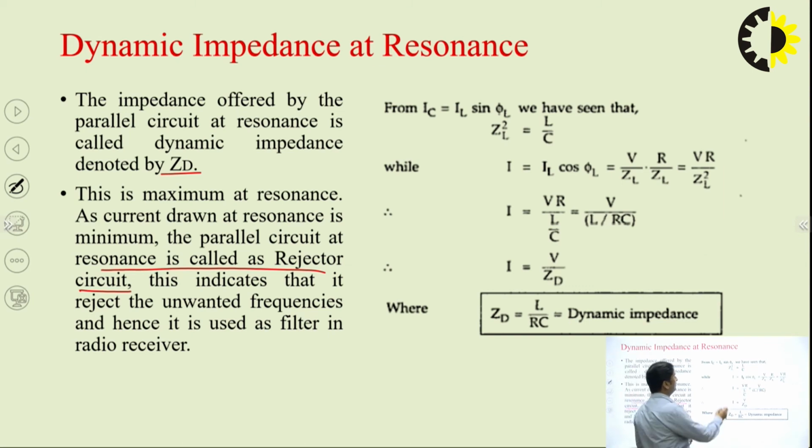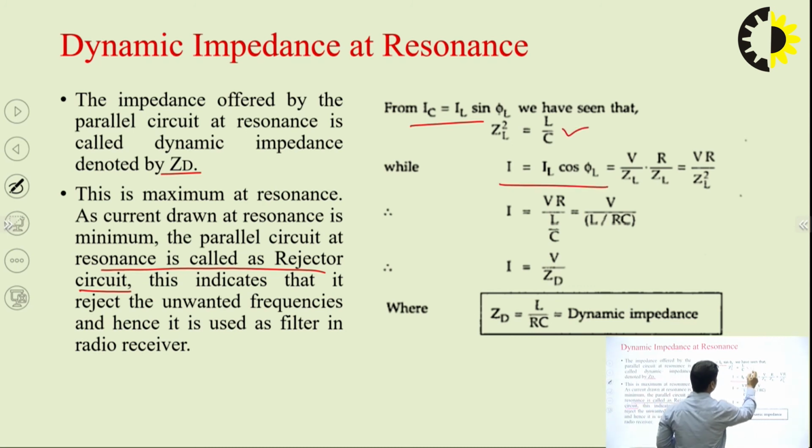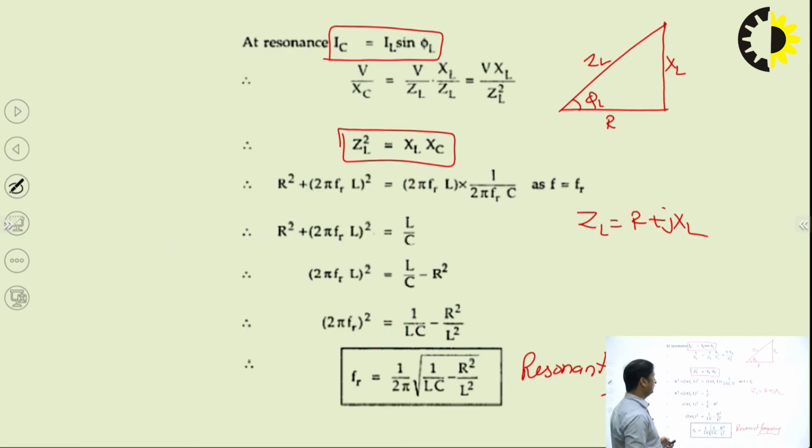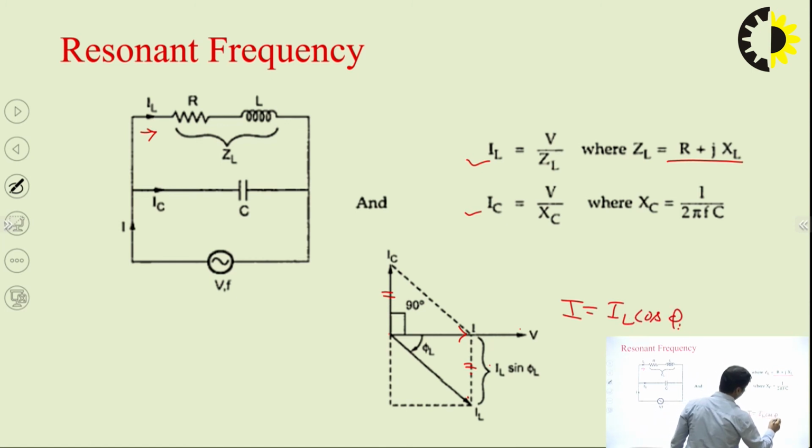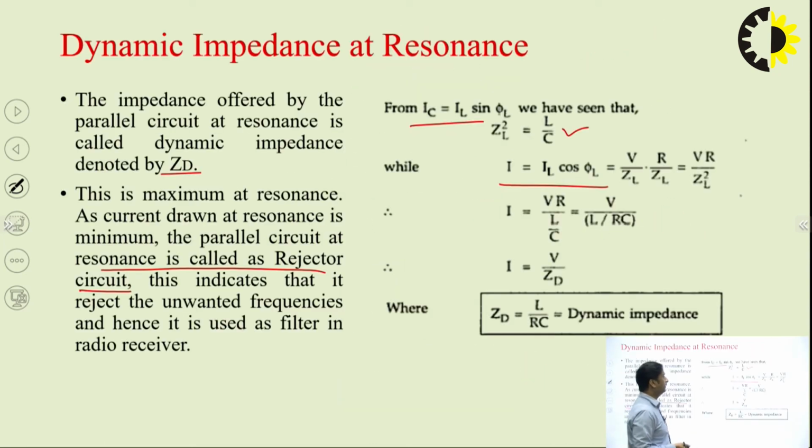For this, we have this component, I is equal to IL cos phi. With the help of this, we know this thing is already defined. Now I is equal to IL cos phi is the active component. This I is the current and IL cos phi is the active component. So IL was this, and this is the projection of IL, cos phi.